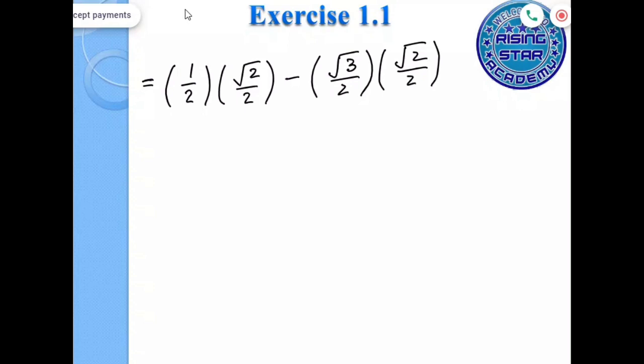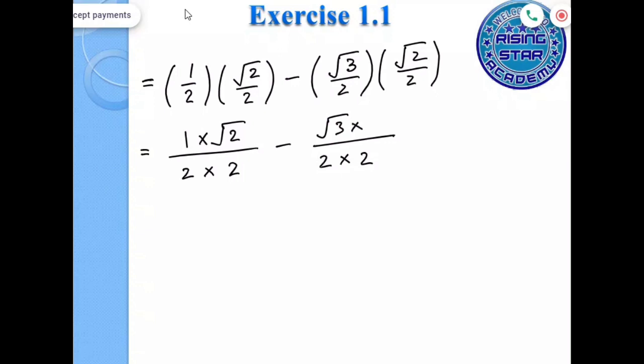Now we will multiply the values, the numerator value in the numerator and the denominator value in the denominator. So 1 multiplied by square root of 2, 2 multiplied by 2, minus 2 multiplied by 2, then square root 3 multiplied by square root of 2. Now the next step, when 1 is multiplying with square root 2, it will become square root 2, and in the denominator 2 times 2 would become 4, minus.